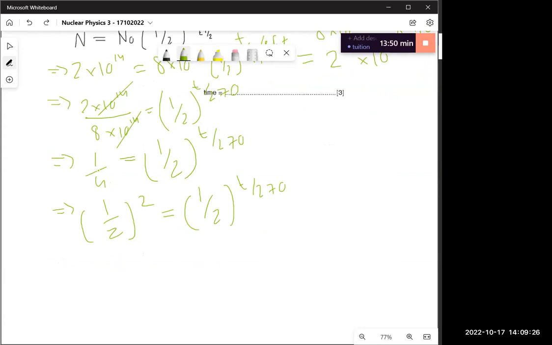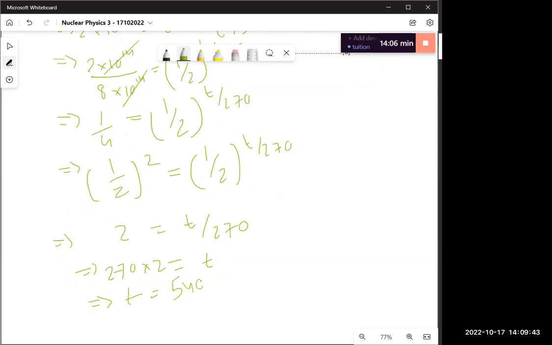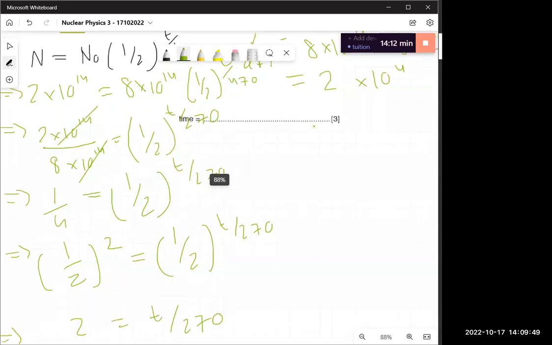To find the power, we need to make the base common. Now 2 is equal to T over 270. Therefore, what is T? 270 into 2, which is 540 years. So the answer in this question is 540.